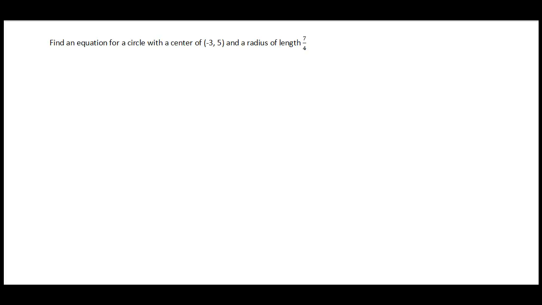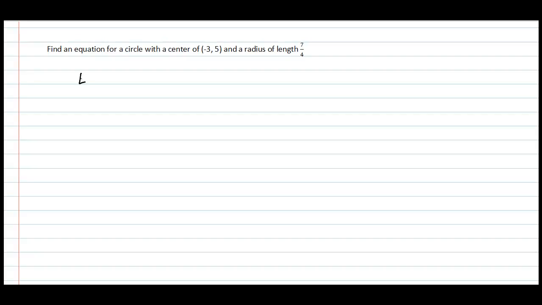Find an equation for a circle with a center of -3, 5 and a radius of length 7/4. The equation of a circle is x minus h squared plus y minus k squared is equal to radius squared.